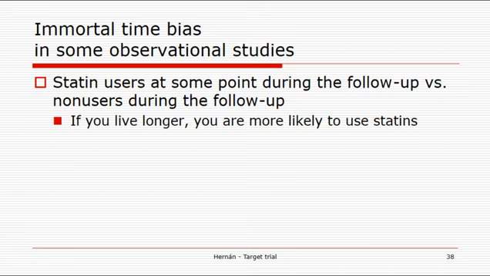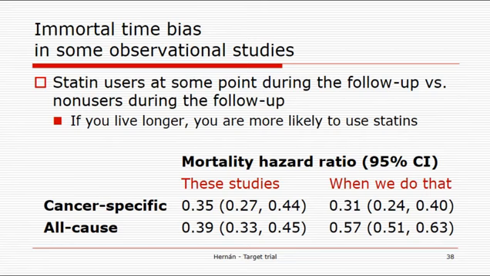This is a bias known as immortal time bias, in which we assign people to the treatment group after they have survived some time, and we count all that time that they have survived in the treatment group. But they cannot die during that time. So those studies found hazard ratios of 0.4. Huge effect, which is also kind of what we find when we're using that.